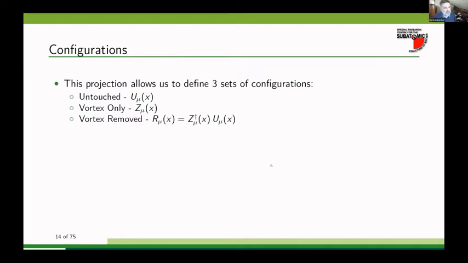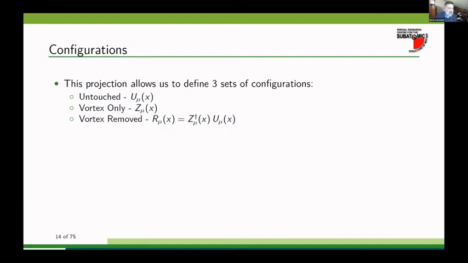In doing this, you can then create 3 sets of configurations. You can have the original configurations, which we refer to as untouched. We're not doing anything to them at all. Instead of looking at these, you could work with the vortex only configurations. Most of those links are the identity, except for a few where m was plus or minus 1. That's the information contained in the vortex only configuration.